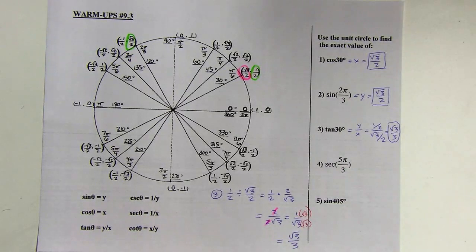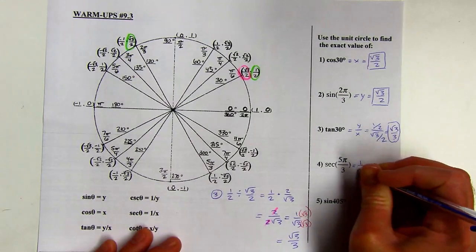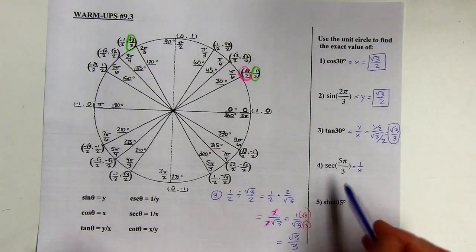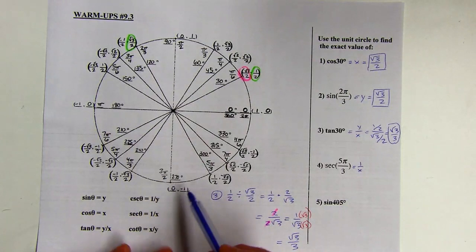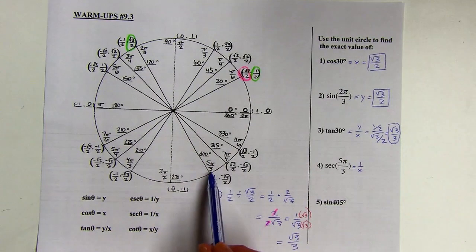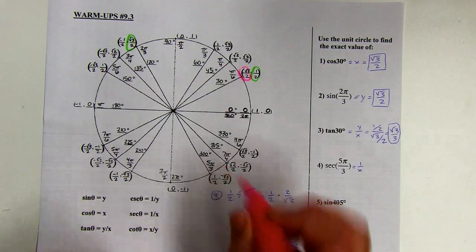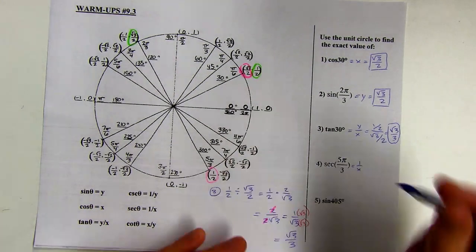Okay. All right. Secant is going to be 1 over x. That's my definition I'm using here. So 5 pi over 3, let's find that. 5 pi over 3 is going to be right here. 5 pi over 3, and I'm going to use 1 over the x value at 5 pi over 3. So I've got 1 over 1/2.